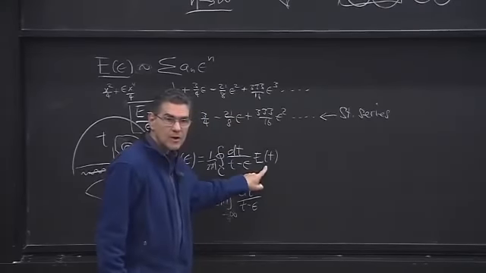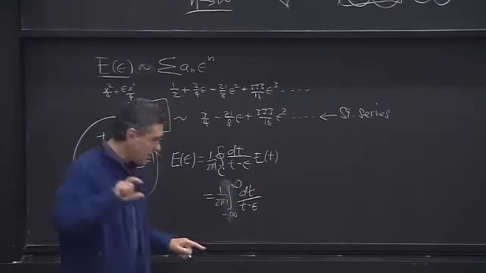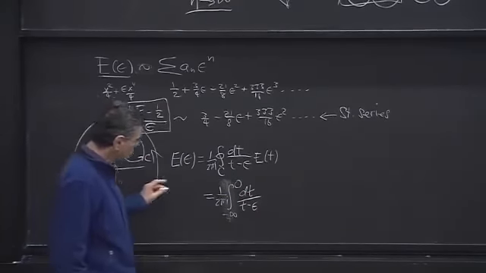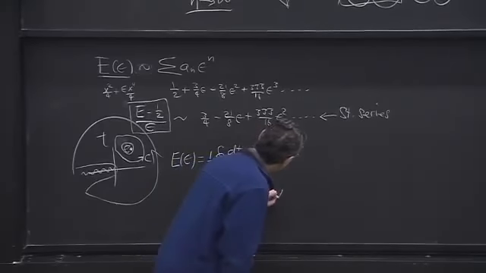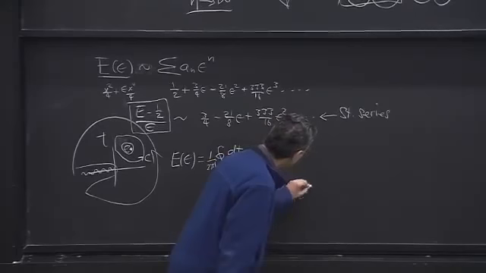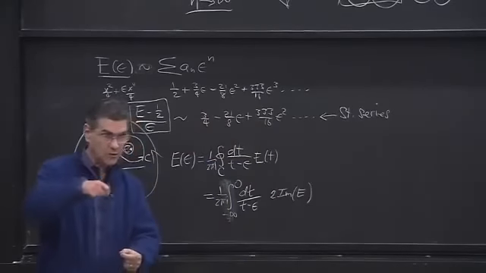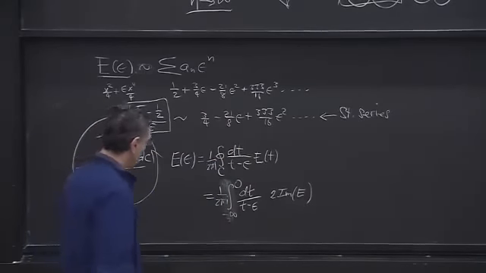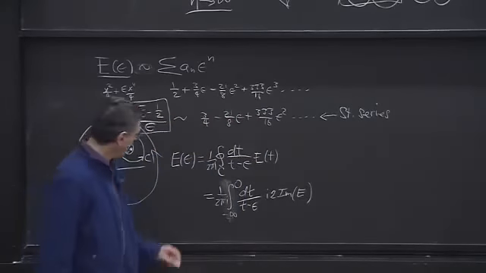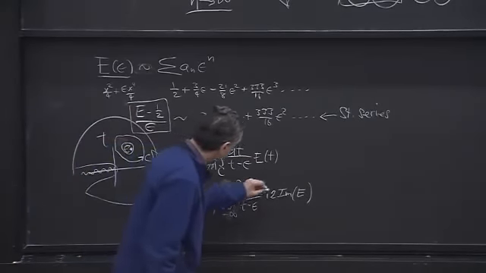And instead of E of t, what we have is the discontinuity across the cut. The discontinuity across the cut is 2 times the imaginary part of the energy times i. Let's cancel a factor of 2i.